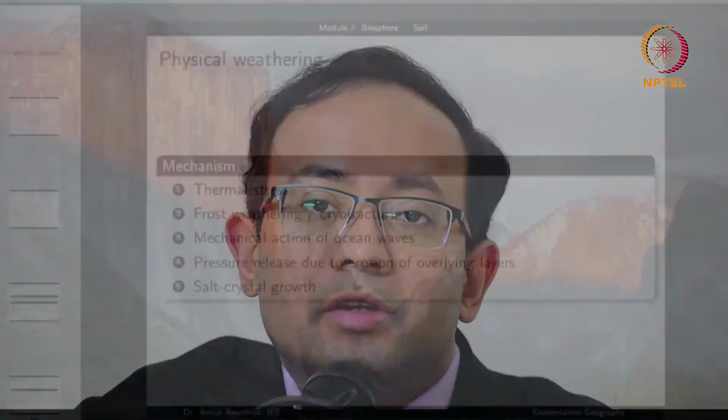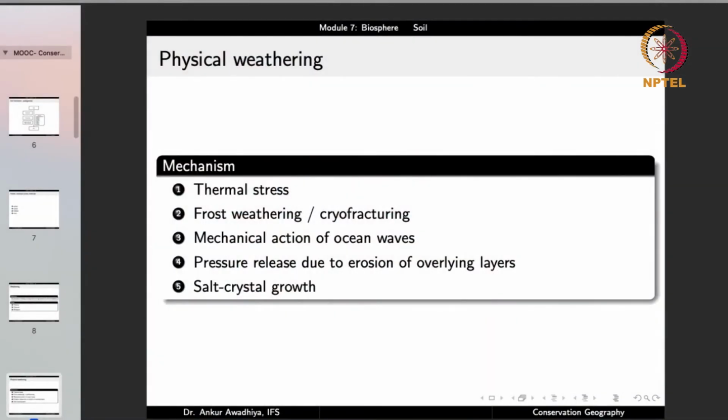Now when such an action occurs, then the portion that has been broken down, that is the weathered portion of the rock. Now not just through the mechanical action, but the sea waves can also make use of the sand that they carry, and this sand can act as a sandpaper to further weather the rocks. So this is another physical weathering mechanism.